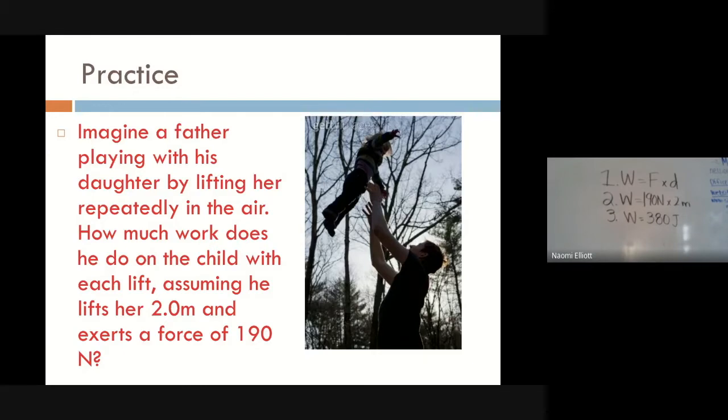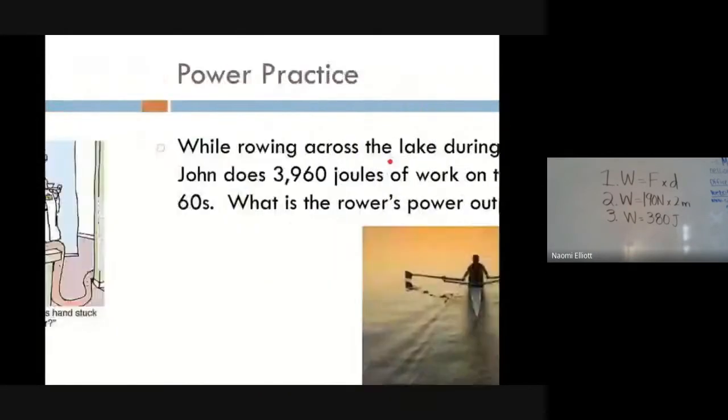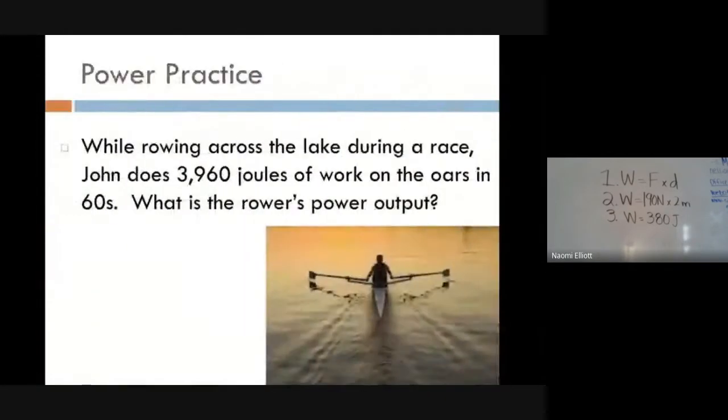Okay, next practice problem. Now we're going to do a power practice problem.